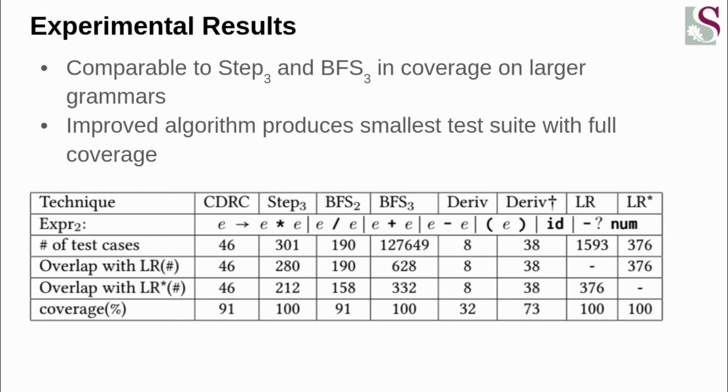In terms of number of test cases, the original algorithm sits somewhere between the number of test cases generated by step 3 and BFS3, whereas the improved algorithm tends to be closer to the number of test cases generated by step 3.